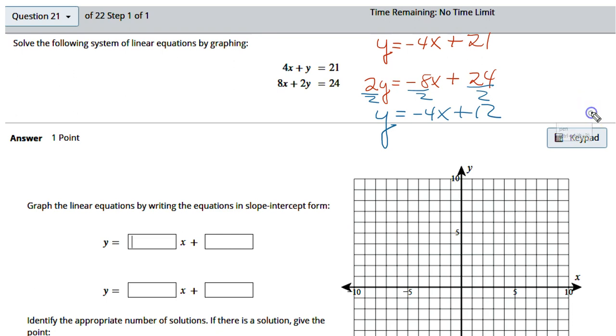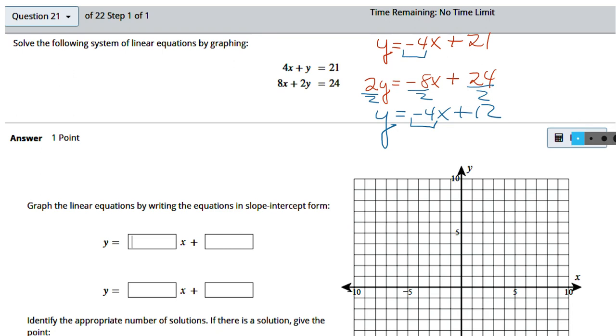And what is this showing us here? Well, that our slopes are the same. So once we were to plot these, we find that we would have parallel lines, so there would be no solution.